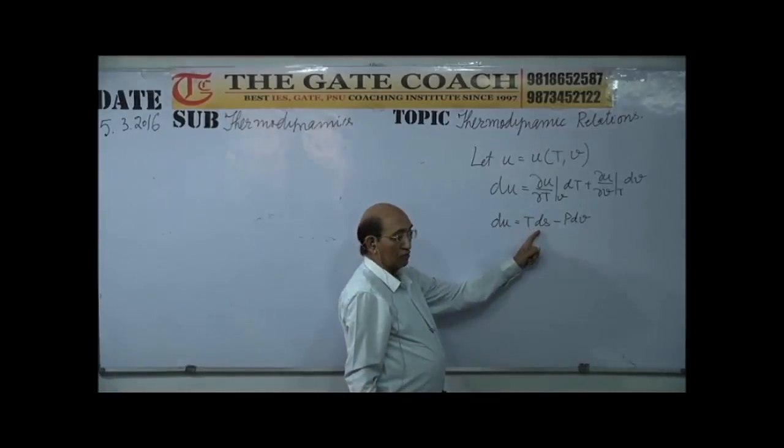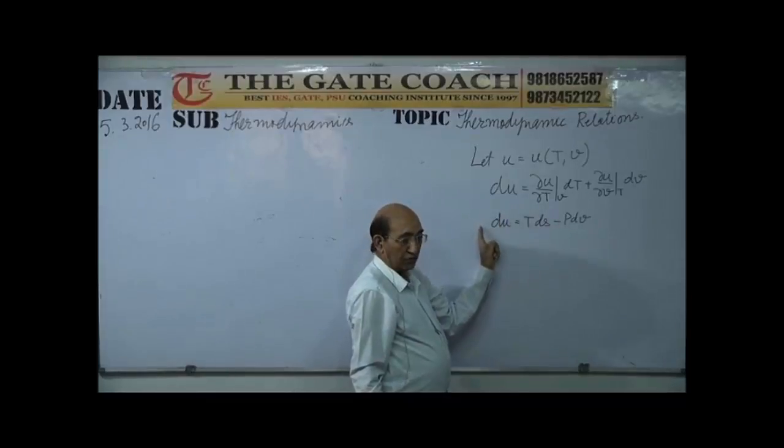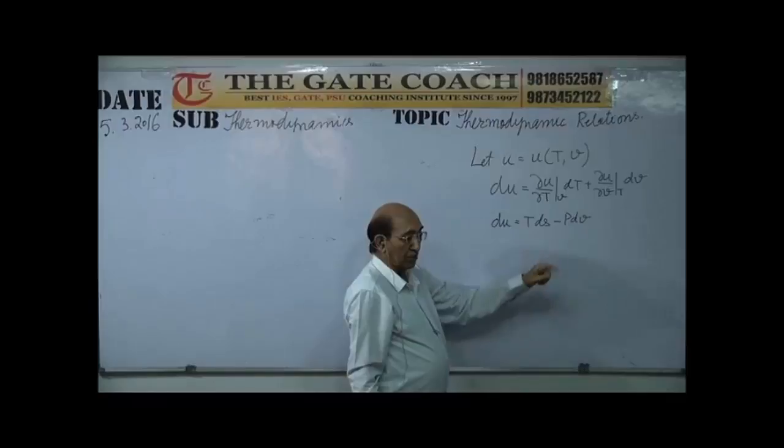Heat transfer delta Q, which is TdS, this is dU plus PdV. So dU can be written like this.